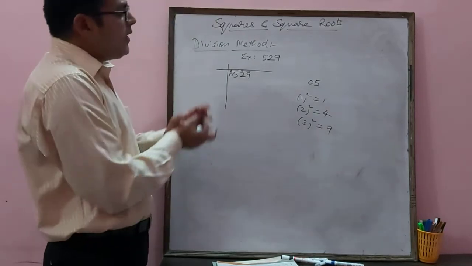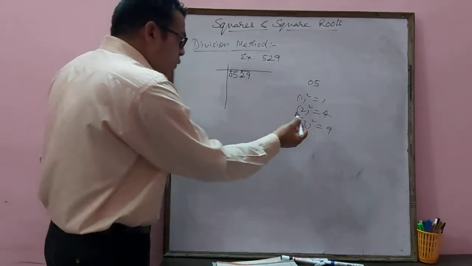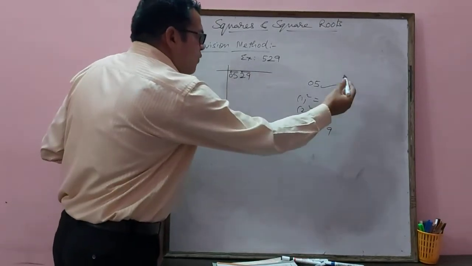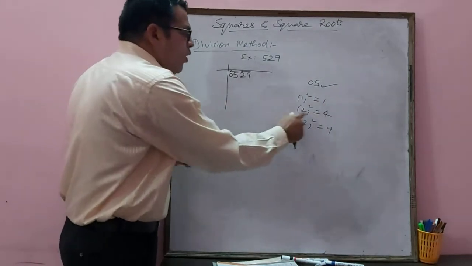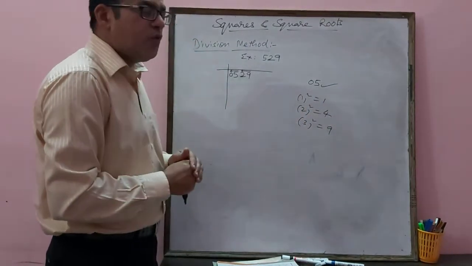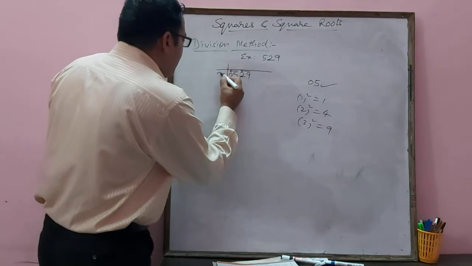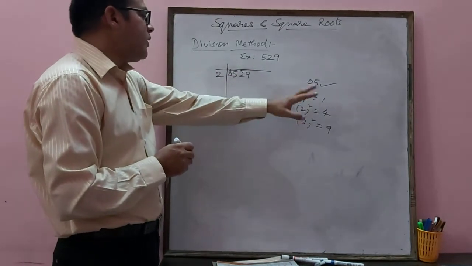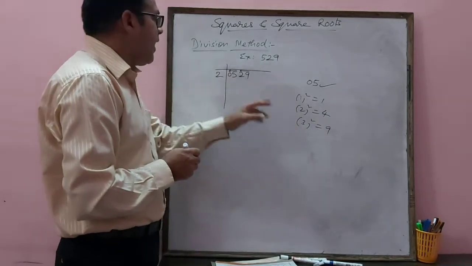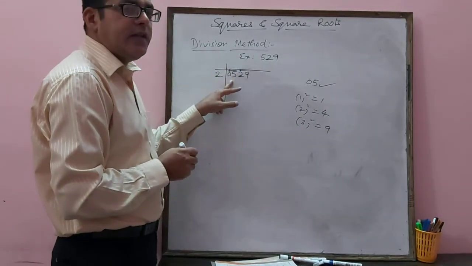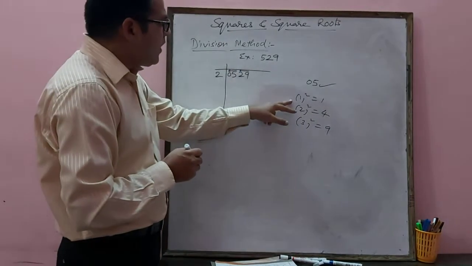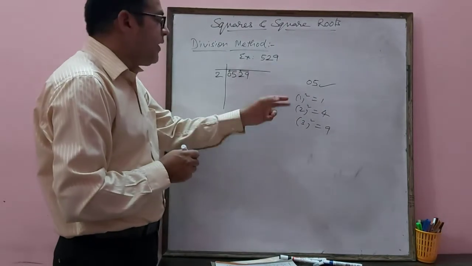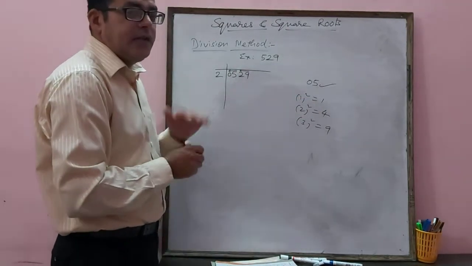Now you can see the square of 2 is near to 5. Since the square of 2 is 4, and it is near to 5, we can divide by 2. We can't divide by 3 because the square of 3 is 9, and 9 is greater than 5. Also we can't divide by 1 because 1 is much smaller than 5.